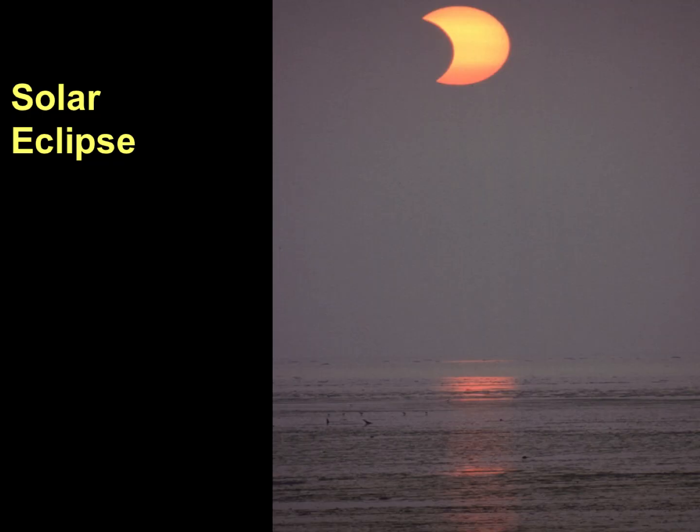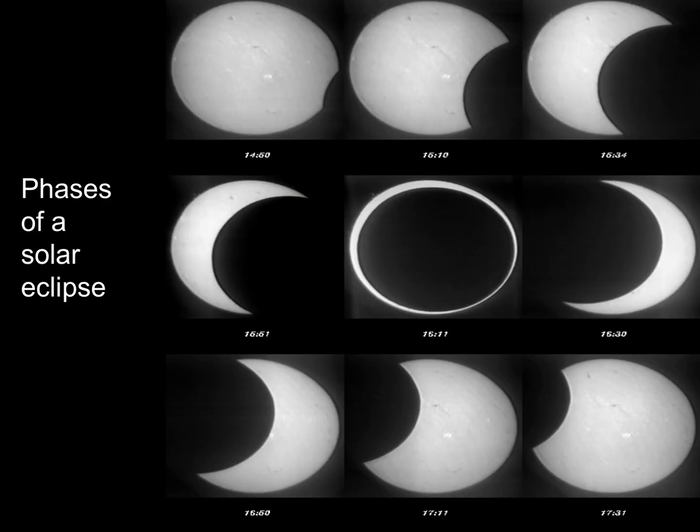This shows the view of a partial solar eclipse. Most of the sun is visible, but part is obscured by the moon. This image shows you several photos from the same eclipse, illustrating how the sun's visible portion changes as the moon moves in front.